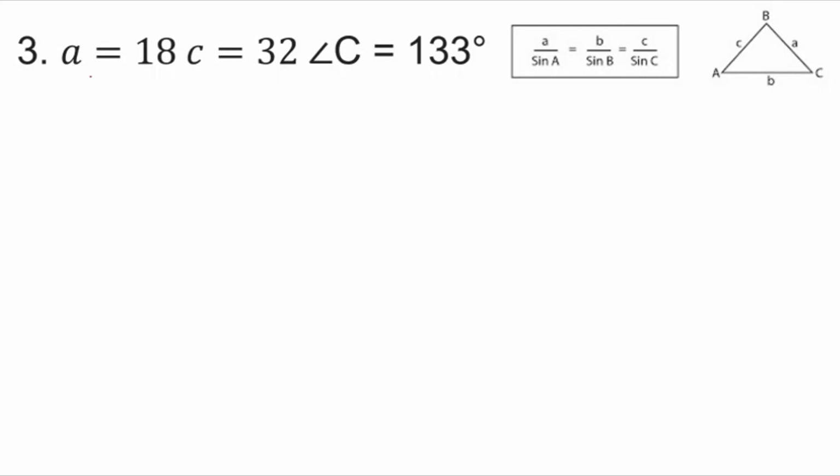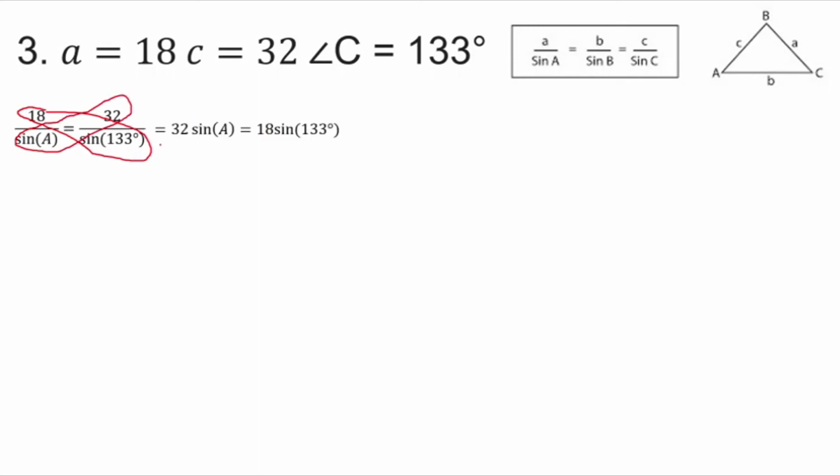For the next example, we have B equals 18, C equals 32, and the angle C equals 133. Using the law of sines, we have 18 times the sine of 133, as well as sine A times 32. This we divide by 32 here.